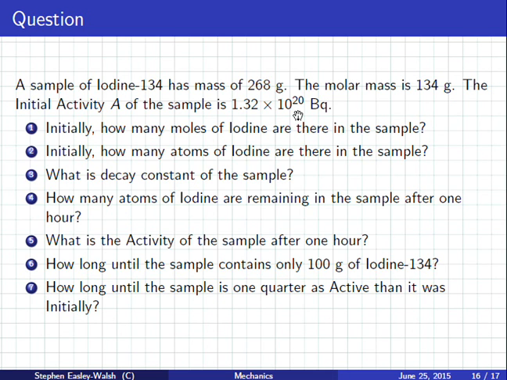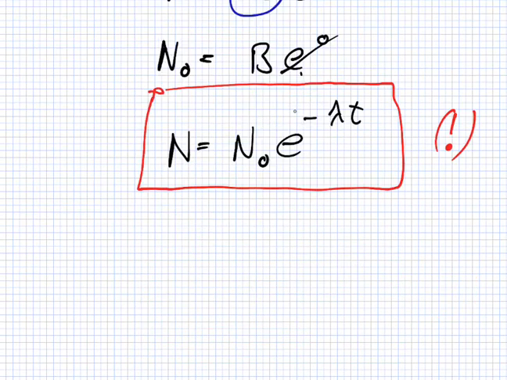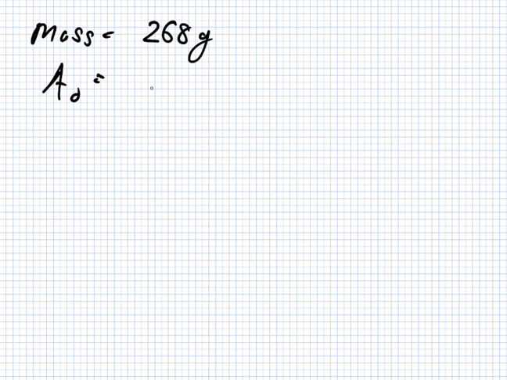So let's write this down. Can you give me back the information I gave you? What did I tell you in the question? I gave you mass first, then the activity at the start, in Bq. And I also gave you the molar mass.